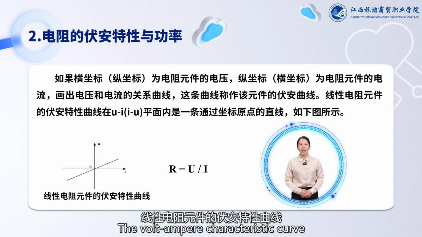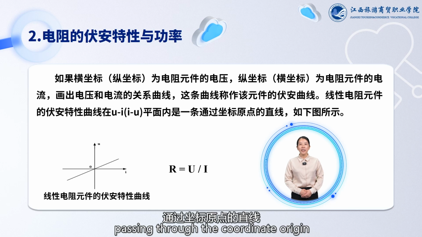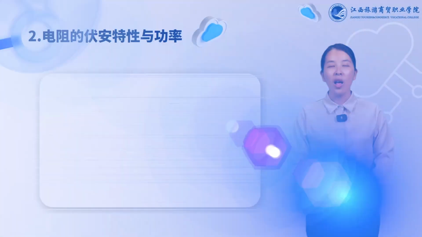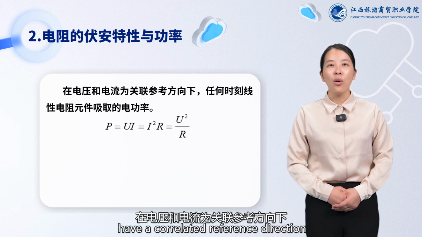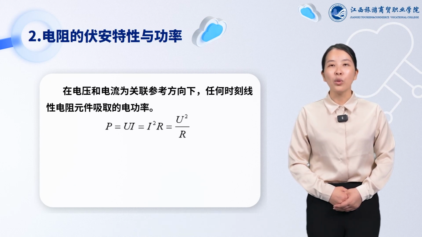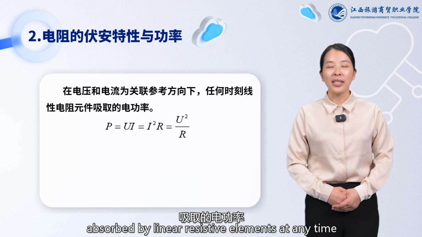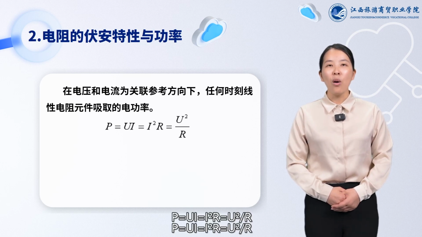The volt-ampere characteristic curve of linear resistance elements is a straight line in the voltage-current plane, passing through the coordinate origin, which can usually be denoted as R equals U divided by I, representing that under the condition that voltage and current have a correlated reference direction, the electric power absorbed by linear resistance elements at any time is P equals UI equals I squared R equals U squared divided by R.